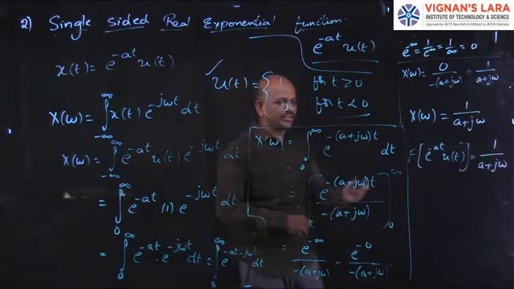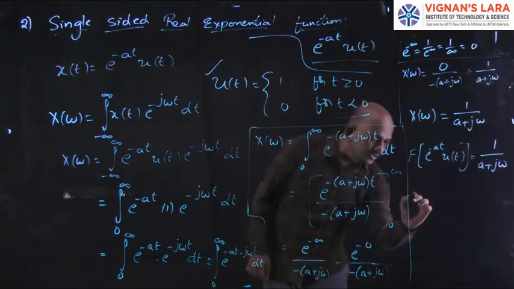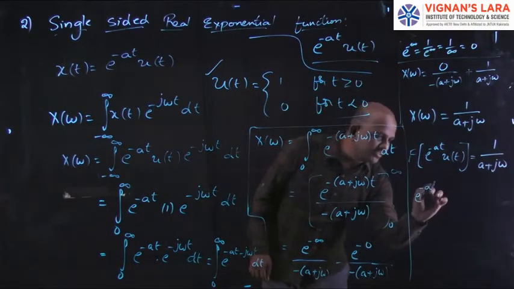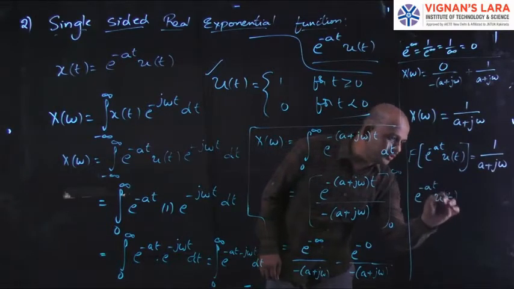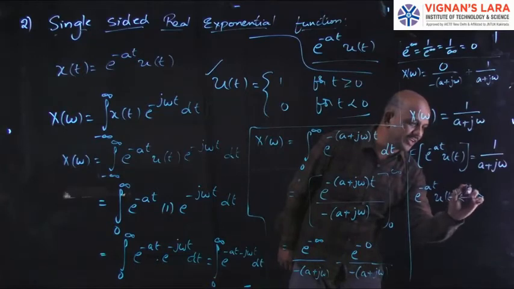Okay, you can denote like this, or you can represent the Fourier transform pair as e power minus at into u of t will have a Fourier transform.